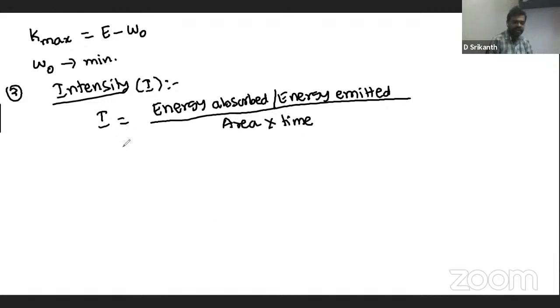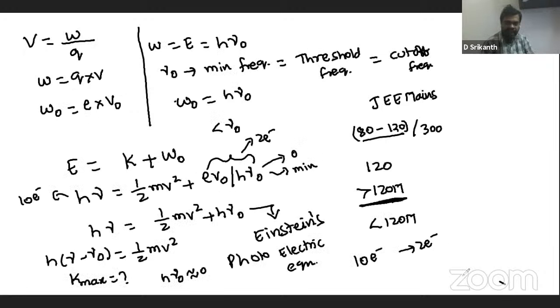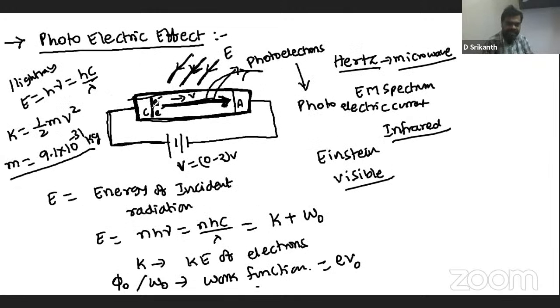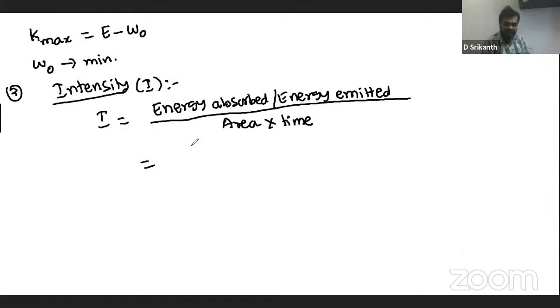With respect to the metallic surface, that is the cathode, I can say that here energy is absorbed, so we can write it as E by A t.